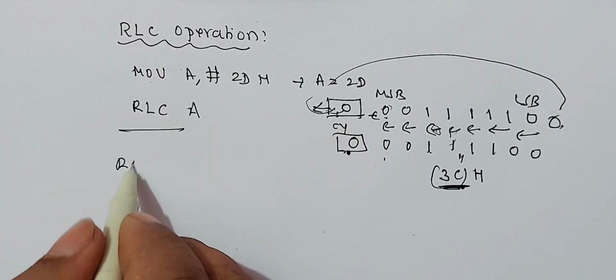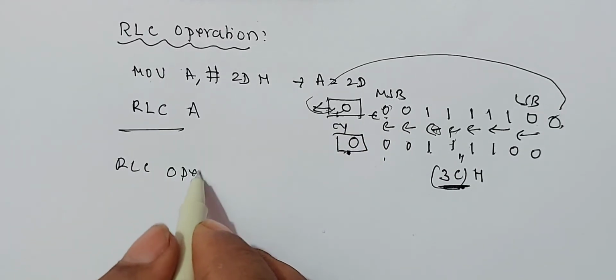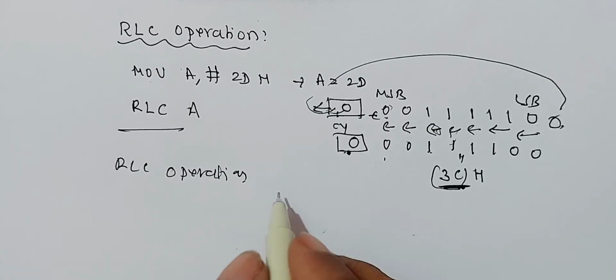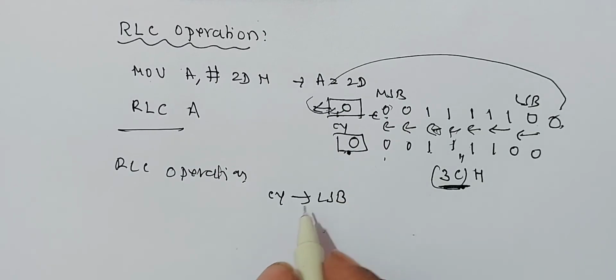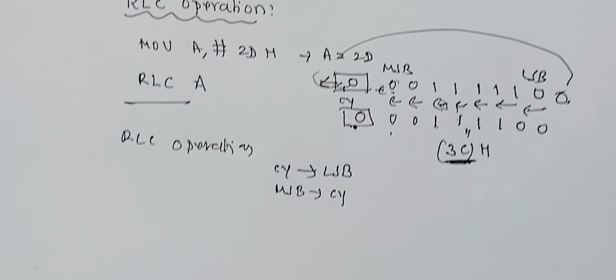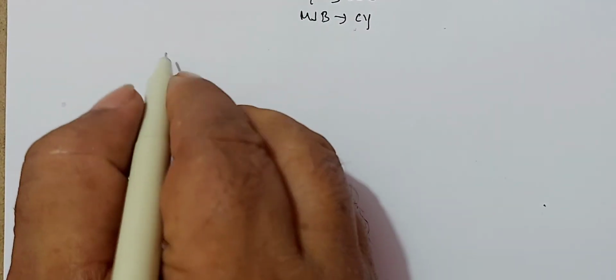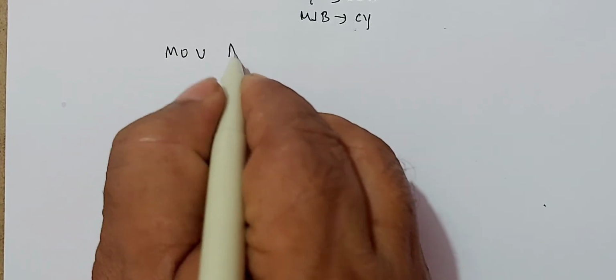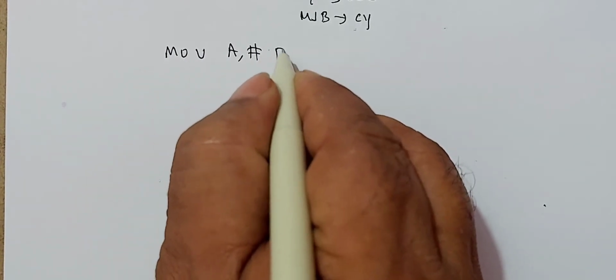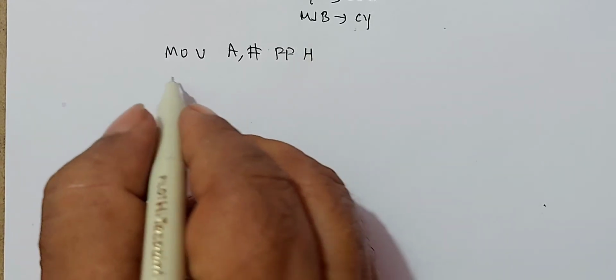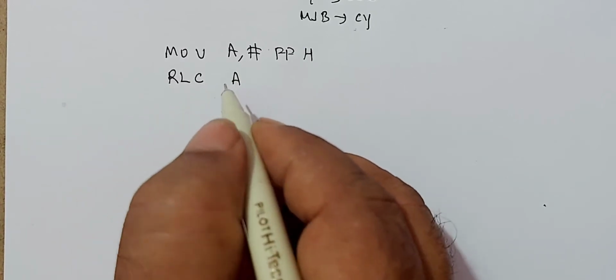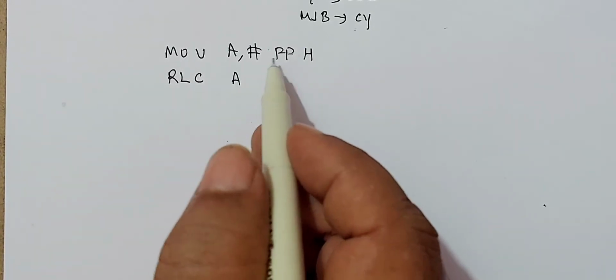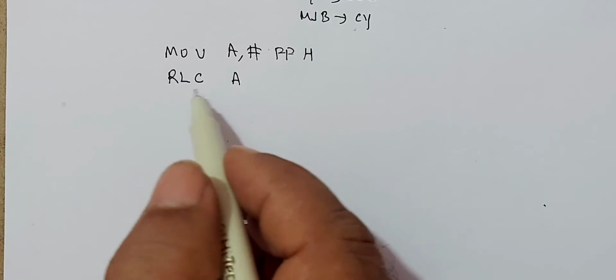So in RLC operations, carry goes to the LSB and also the MSB goes to carry. Another example, move A comma hash FFH, rotate left with carry A. Rotate the content of A, that is FF, to the left with carry.